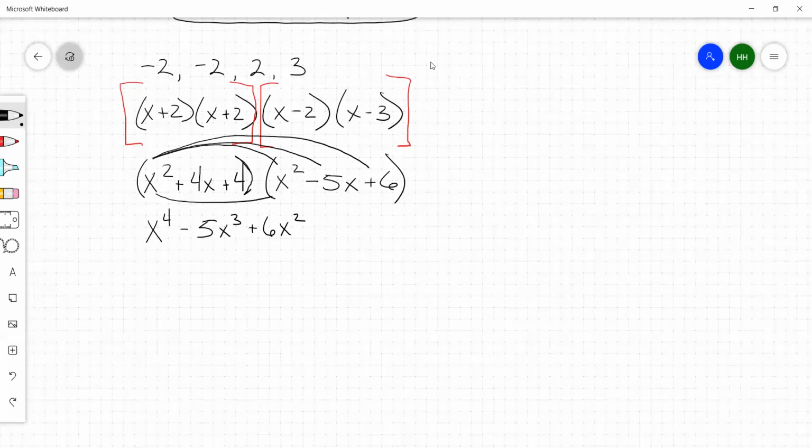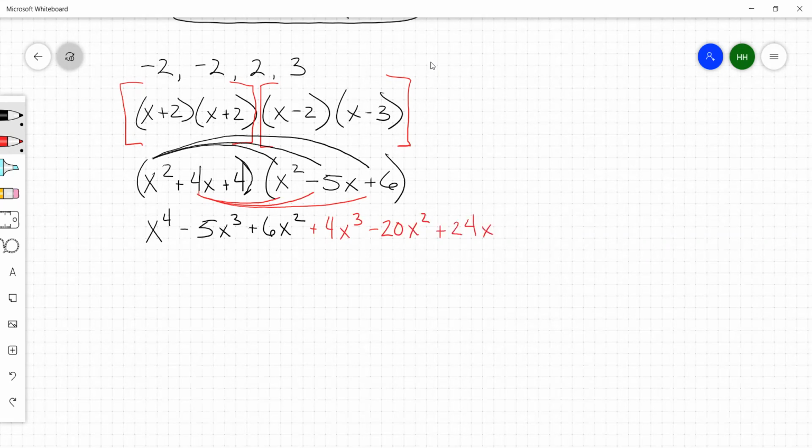Now it's the 4x times the x squared, which is +4x to the 3rd. It's the 4x times the -5x, which is -20x squared. And it's the 4x times the +6, which is +24x.